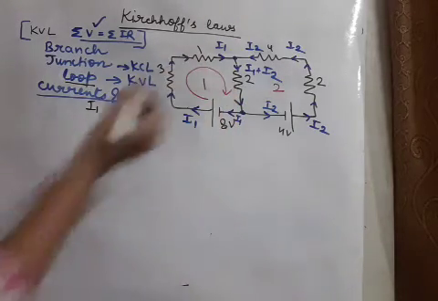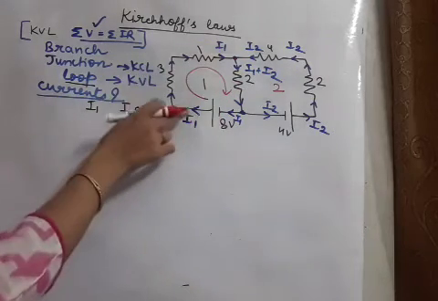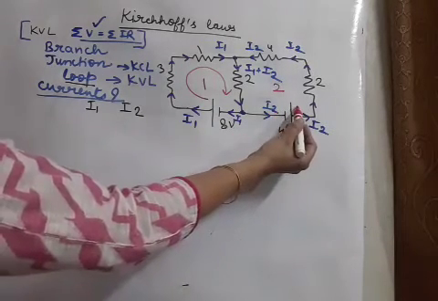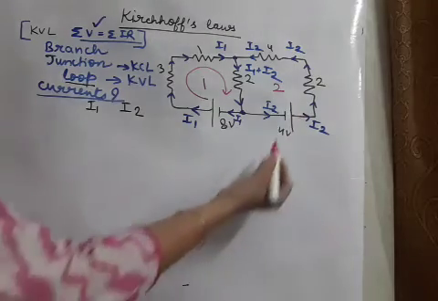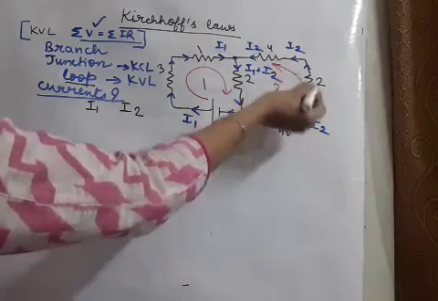This is the positive direction of the current. If any current is moving opposite to this direction, then we have to put a negative sign. In the same manner here, the battery's positive is here, so the positive direction of current is this way.